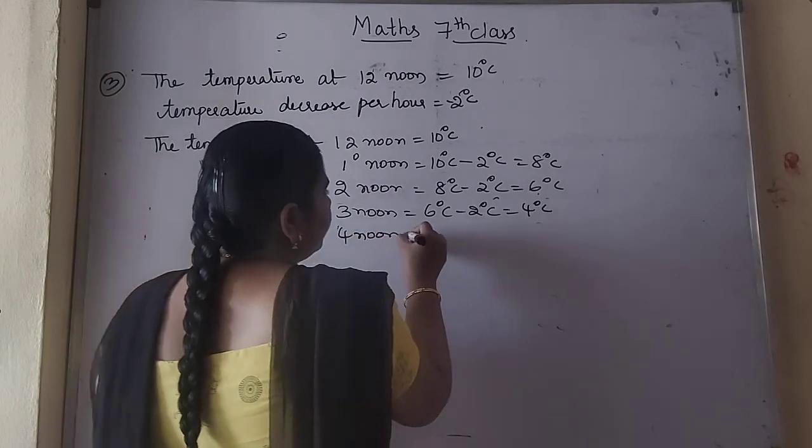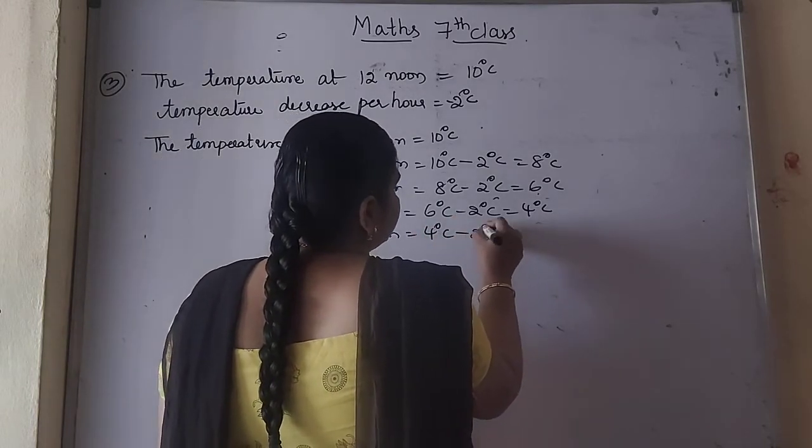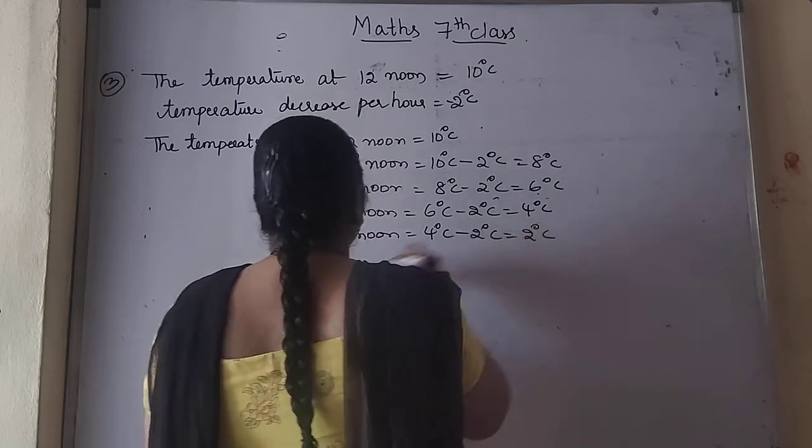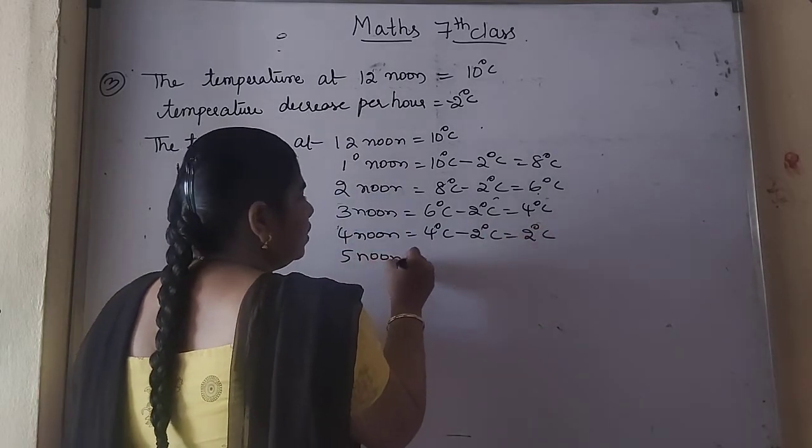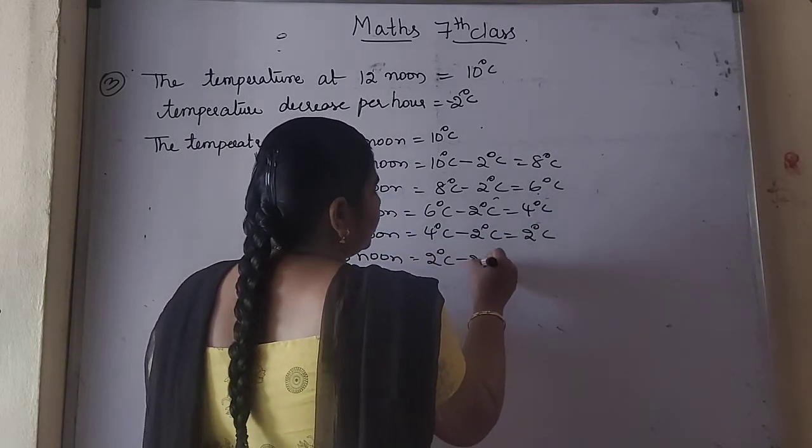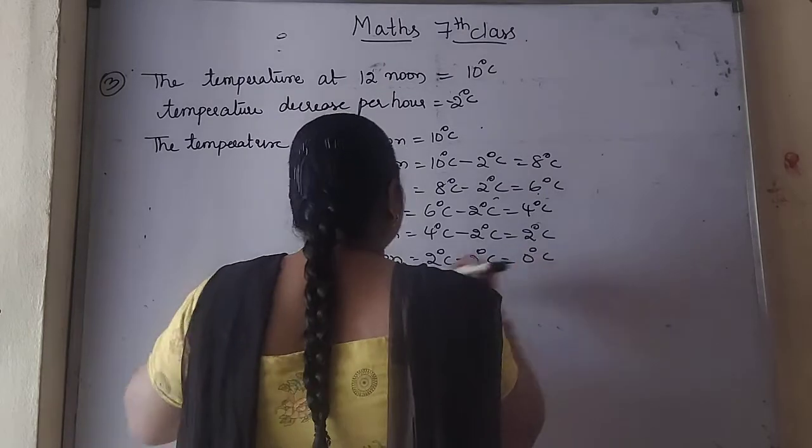At 4 p.m., 4 degrees minus 2 degrees will be 2 degrees. At 5 p.m., 2 degrees minus 2 degrees will be equal to 0 degrees Celsius.